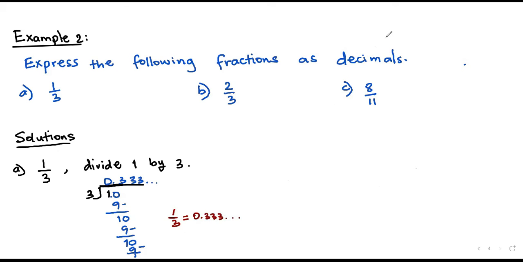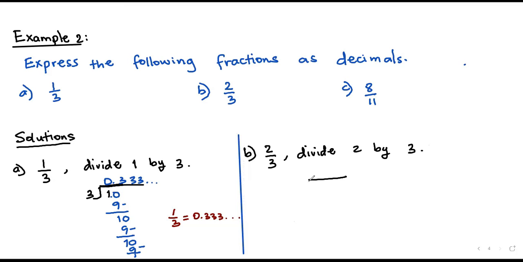All right, so let's see how example B will look. We want to see if it will also be repeating or not. 2 out of 3 actually means that we divide 2 by 3. So we have 2 and we have 3.